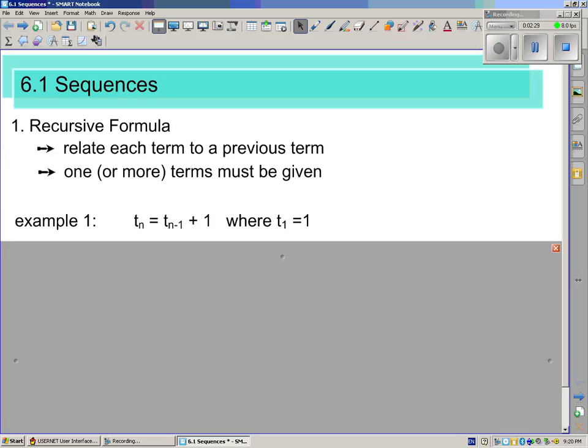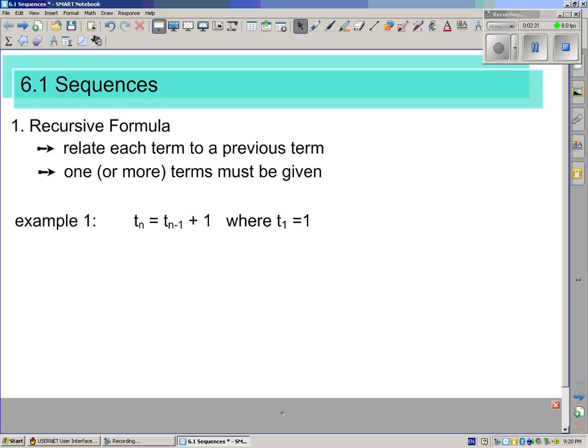Okay, so let's look at a couple of things. T sub n, that is our term number, right? So the n's representing the term number, so maybe it's our 6th term, right? So t sub n minus 1 would be the term before it, the previous term.